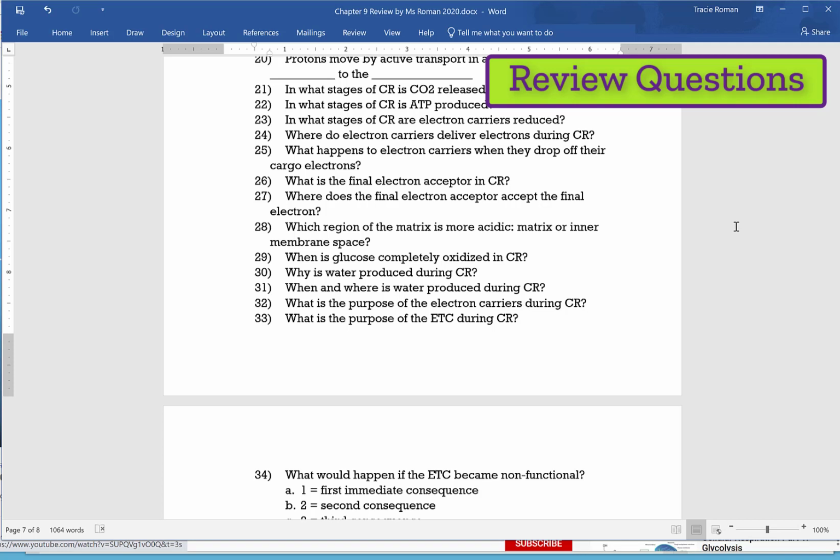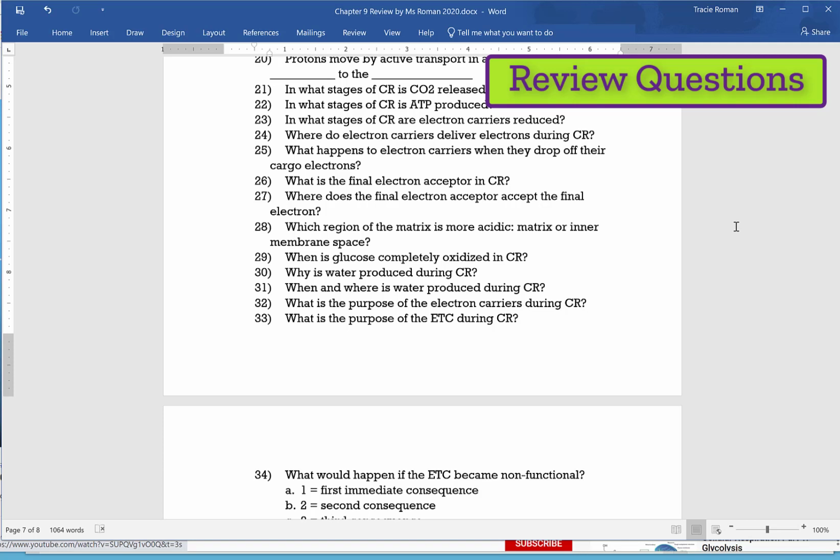What is the purpose of the electron carriers during cellular respiration? The purpose of the electron carriers is to take high energy electrons to the inner membrane of the mitochondria in order to set up the proton gradient.